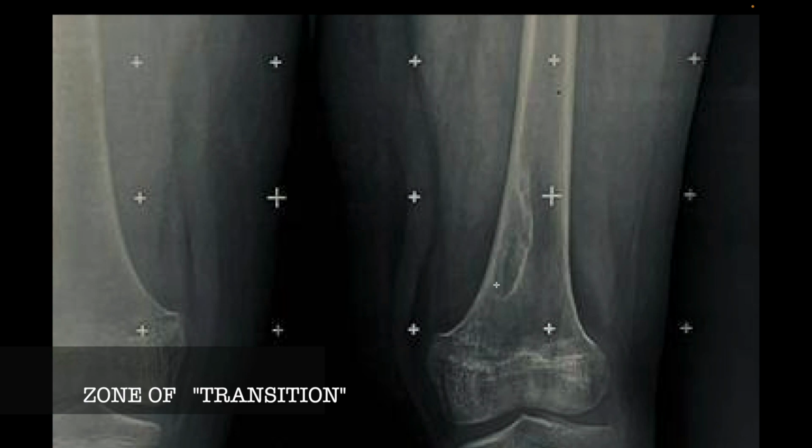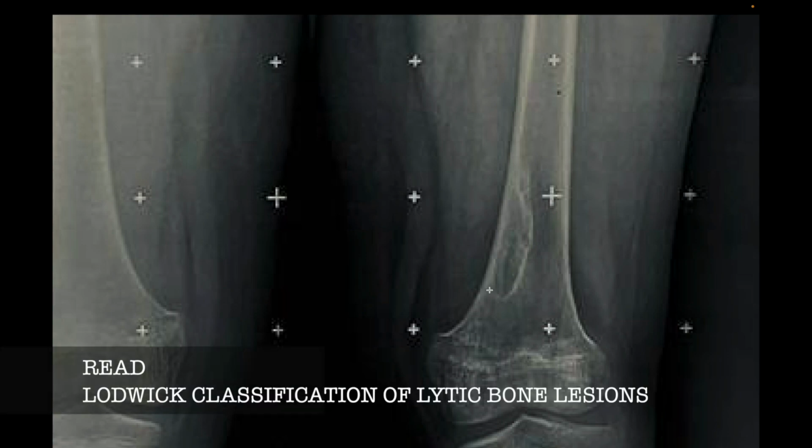The zone of demarcation is narrow and it will be called a geographical lytic lesion with a narrow zone of transition. Suppose we are not able to see where the normal bone is and where the abnormal bone is, and the areas are intermixing, then we will say that a wide zone of transition is there, and that will be an aggressive feature like in Ewing sarcoma.